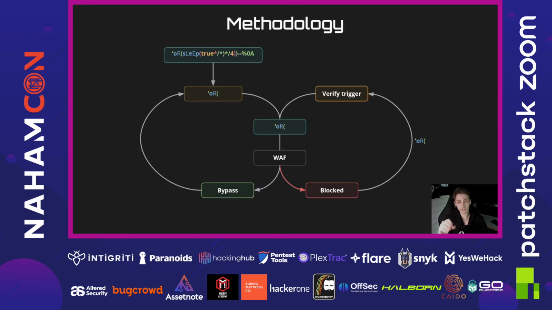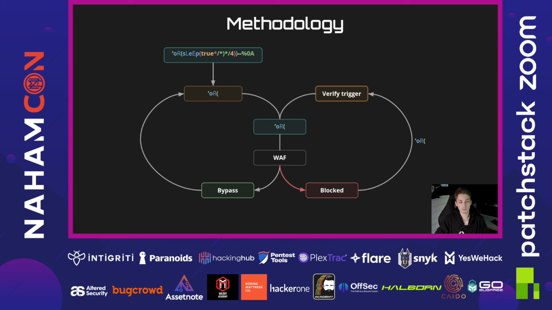So the methodology here is that we will try this payload that we constructed again, but now instead of doing the full payload, we will just see if the first section will be triggered or not, because if it's getting triggered, we'll have to modify the payload once again. So we're sending the first or statement to test our theory if it's the trigger.